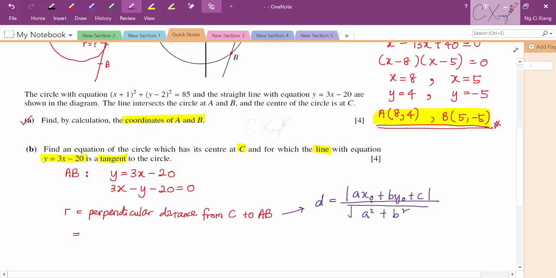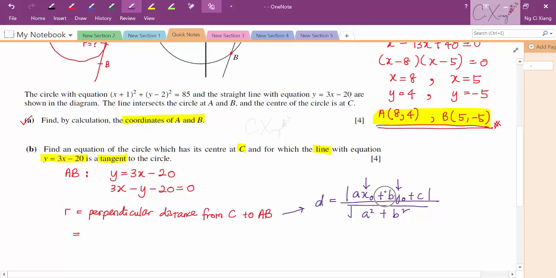I believe we learned this before. The Ax plus By plus C belongs to the line equation, and for x0 and y0, you substitute the point which has the perpendicular distance to the line.